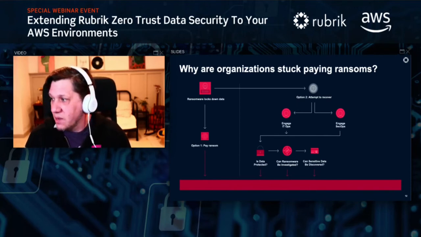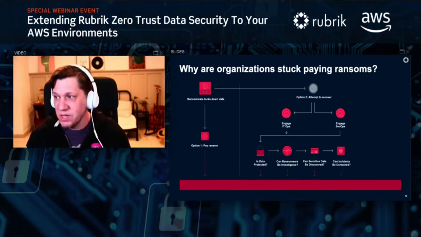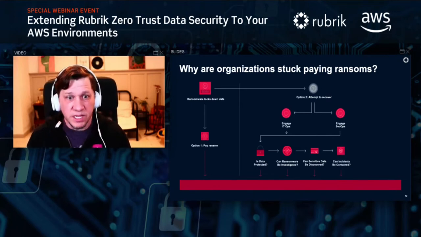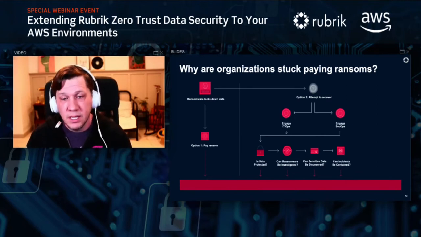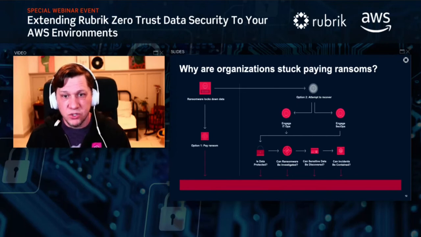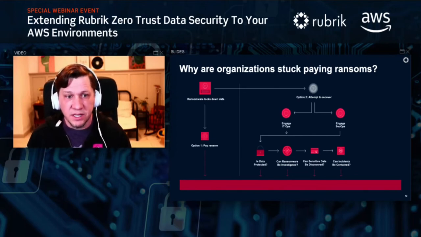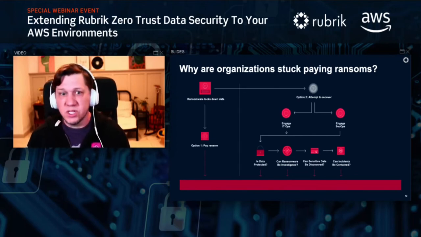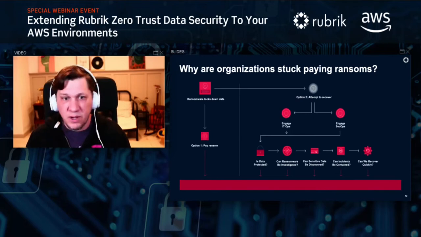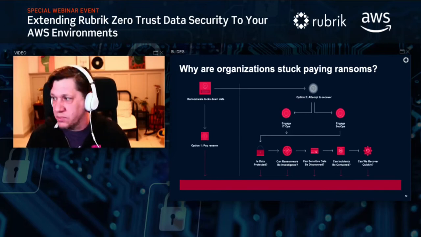So can we discover what sensitive data has been affected? Can we contain those incidents? Can we scan those backups? Are we confident enough that we're not just going to restore the ransomware back into our environment and have it be reinfected again, making us go through the process all over again? And then finally, how fast can we get back up and running, right?